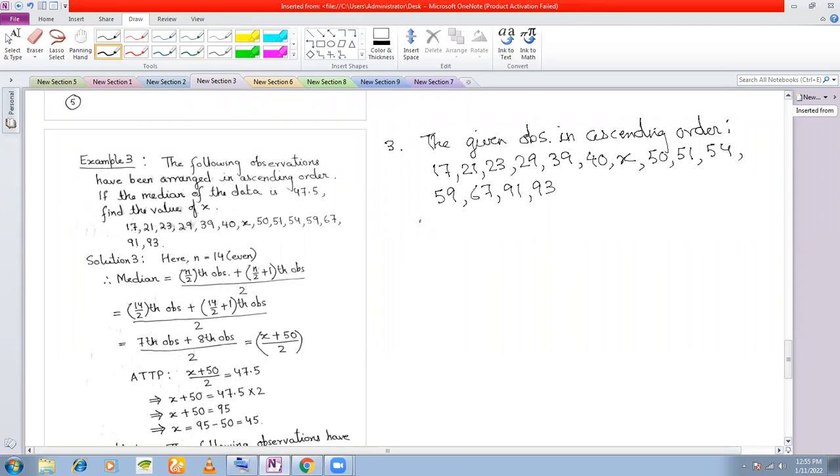Count the number of observations. How many observations are here? If you count, the total number of data gathered is 14, which is even, right? So what should be the median? We are going to use the second formula, right?